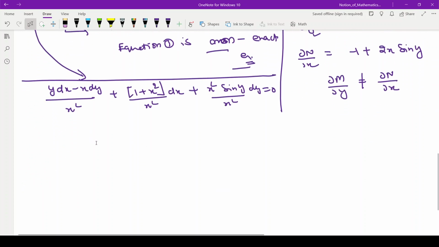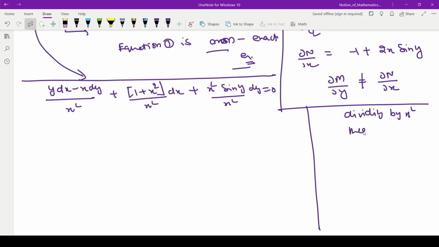Dividing by x square, or you can also say it another way, dividing by x square means multiplying with 1 by x square. So I can say it like this as well.